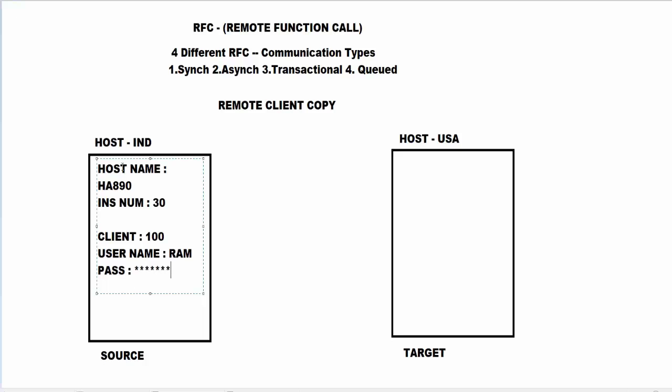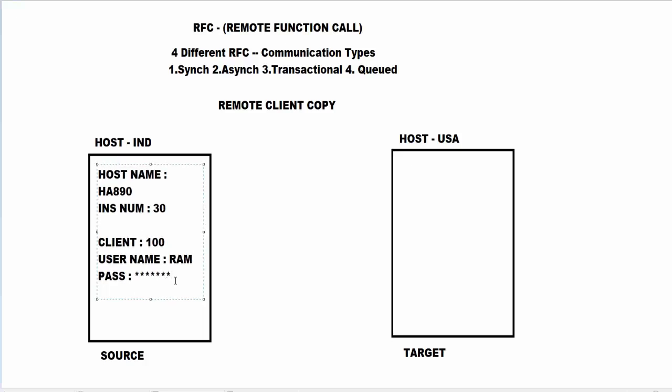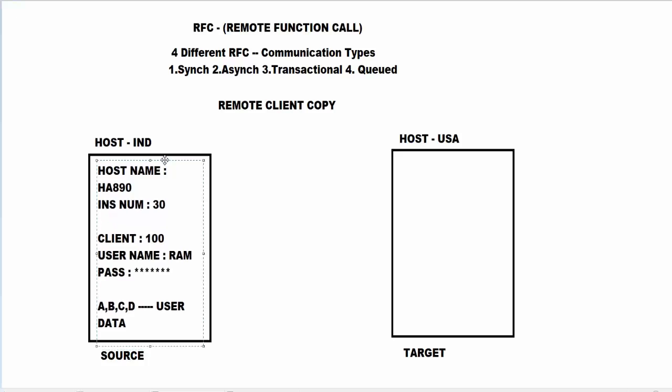So this is the information about client 100. That means the source system has some A, B, C, D, XYZ user master data, that means user information, as well as some other data in the source system.